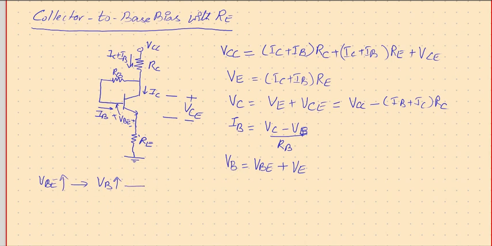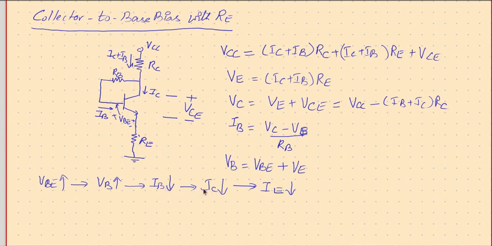If VB increased, then VC minus VB divided by RB is the base current, and hence the base current is going to reduce, and reduction in base current will definitely reduce collector current, and reduction in collector current will reduce emitter current.